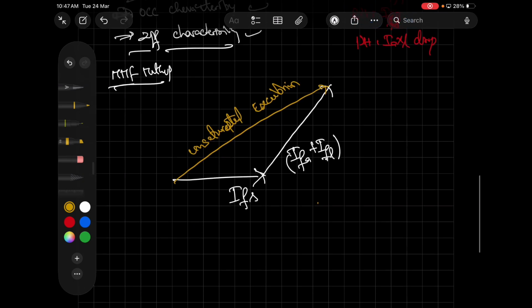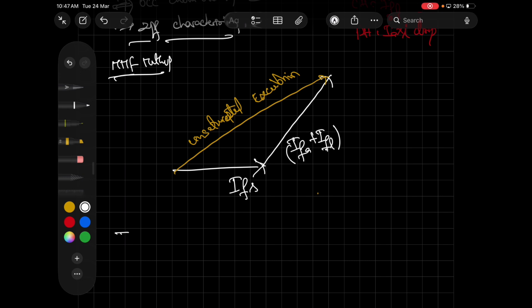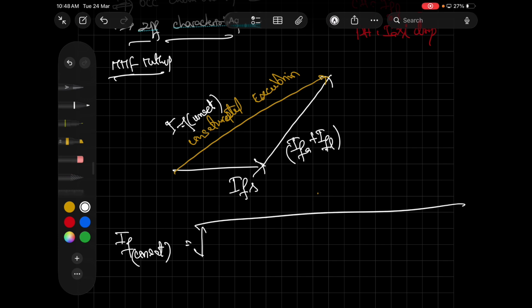So what is the corresponding formula here? The resultant of this one I am writing as IF unsaturated. What is the corresponding formula? IFR plus IFA plus IFL whole square.